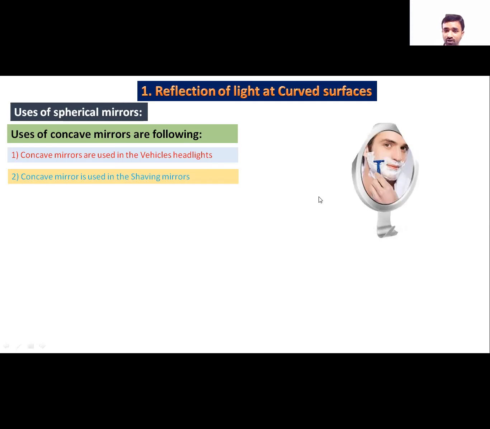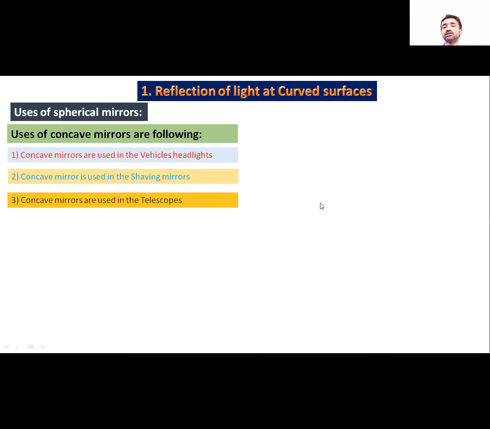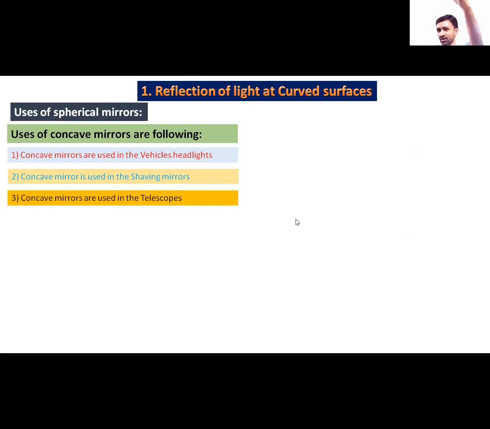Then we'll go for the third one here. That is simply used in the telescope. In the telescope, actually, sir, we are using lenses. Why are you mentioning the concave mirror, sir? To see that enlarged image after getting the image from the lens, right? When the object is very far from you, it will give you a diminished image. To make it magnified, again, we are using the concave mirror.